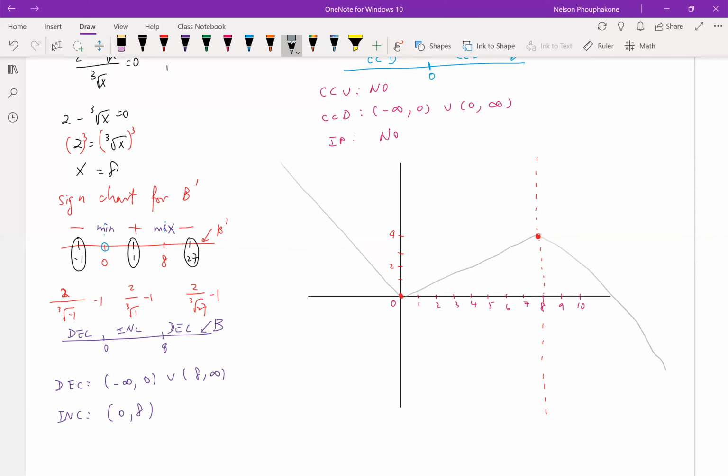I'm using a straight line to help guide my function. And now, we have concave down from -infinity to 0, and concave down from 0 to infinity. So in this case, my graph probably is something like this. It is concave down.